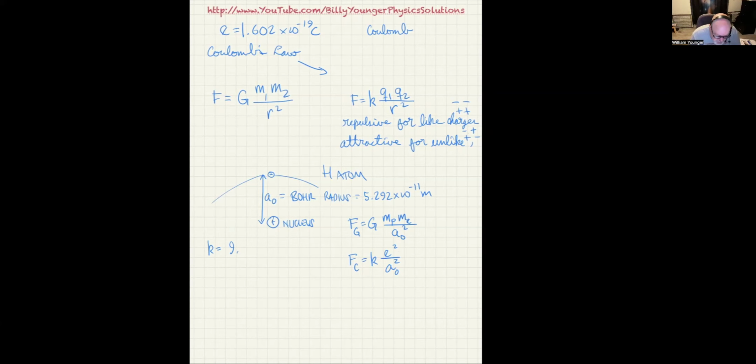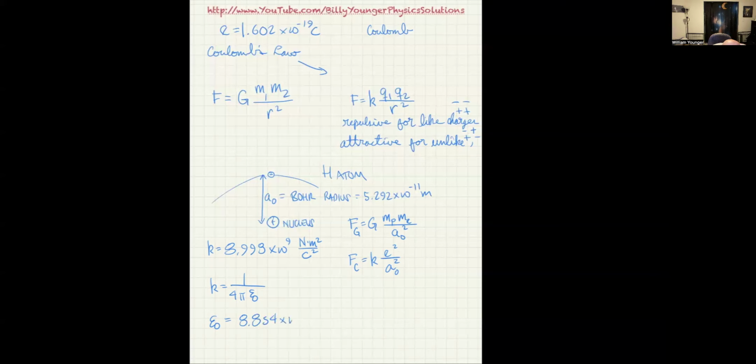And the K is 8.998 times 10 to the ninth, and in this case it is newton meter squared per coulomb squared, but K is also 1 over 4 pi epsilon naught, where epsilon naught is 8.854 times 10 to the negative 12th coulomb squared per newton meter squared.